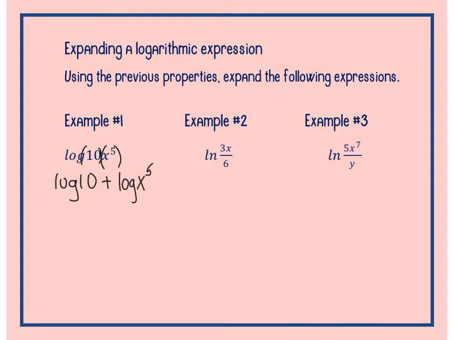Okay, so that's product property. The next step is the power property. Now this 5 can go in front of here. So log base 10 of 10. Remember, if the log doesn't have a base on the bottom, it does have a base 10. So log of 10 plus 5 log of x.